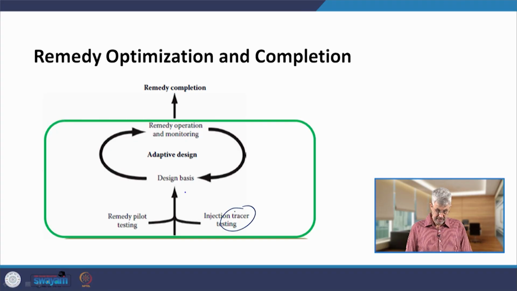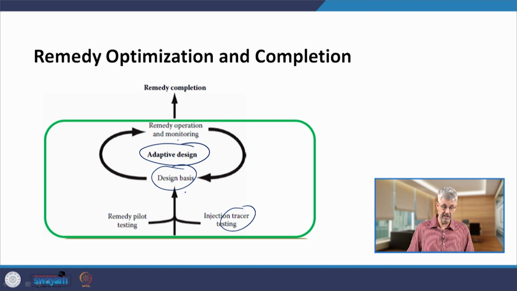It is picking a remediation technology, maybe conducting pilot testing, maybe conducting tracer testing, and end up with a design. It's a preliminary design. And that preliminary design will have to be adapted through what we call an adaptive design process into ultimately the field scale remediation technology that may be on the site for many, many years.